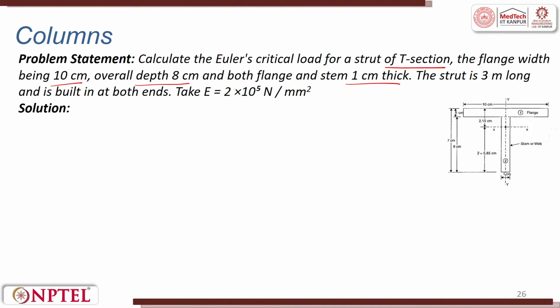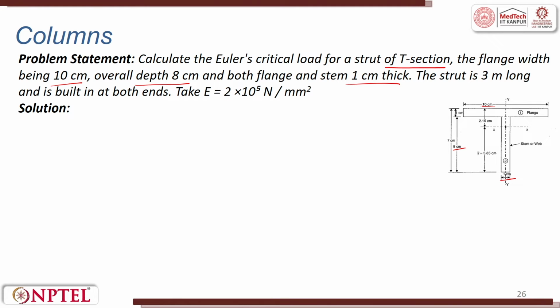The figure is given here. The width of the flange is 10 centimeter. The overall depth is 8 centimeter, and flange and stem are 1 centimeter thick, it is also given here. The stud is 3 meter long and is built in at both ends.